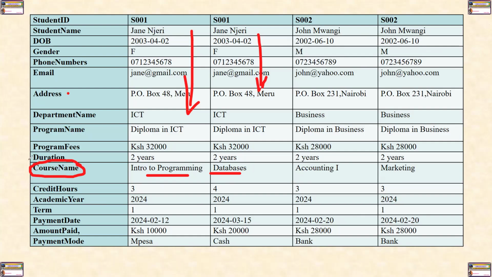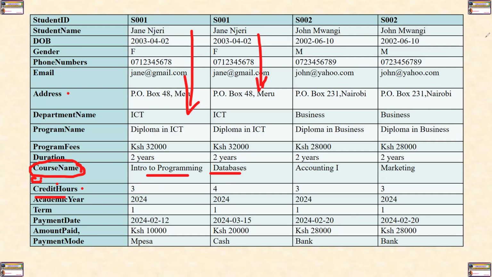You would not, for example, say this is course name one, introduction to programming, and then course name two below here, databases. And then credit hours for course one and credit hours for course two, all listed as separate fields. By doing that, you'll be repeating the same things.